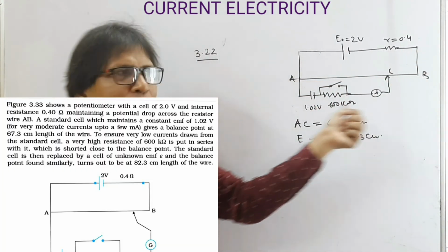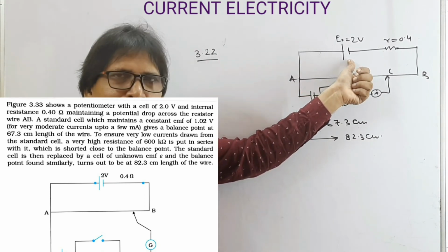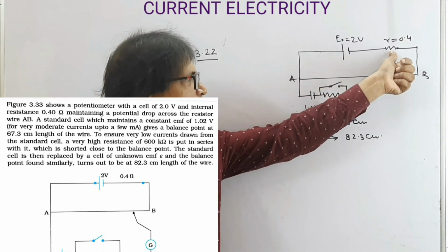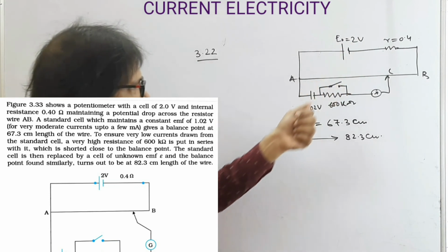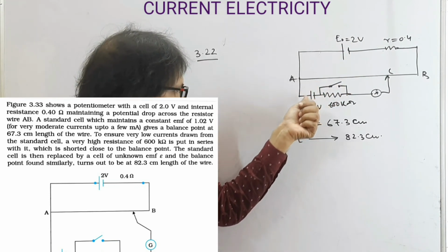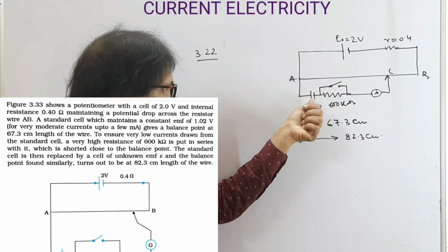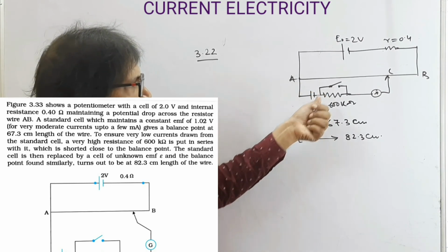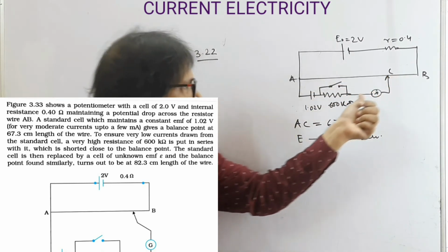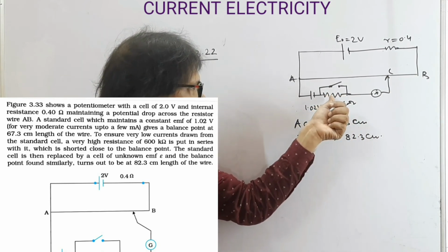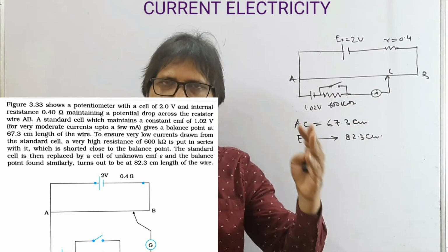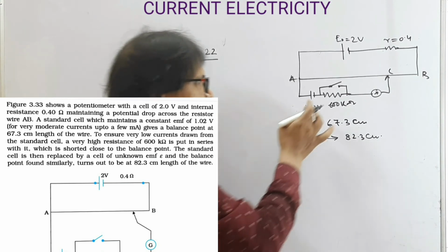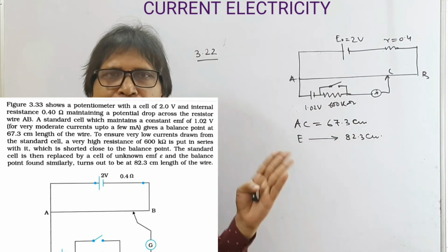Now next. Look at this. This is a potentiometer circuit. This is the driver cell, and small r is its internal resistance. And look at this, this is the EMF. Now this is the cell of EMF 1.02 volt to be measured with the help of the potentiometer. This is the high resistance connected in series with the galvanometer to protect it from excessive current.